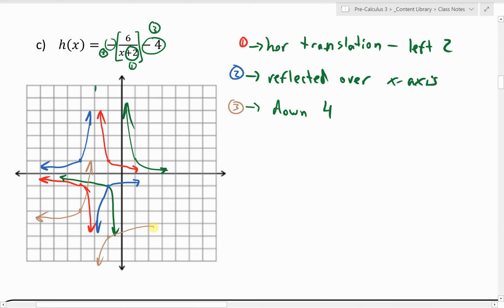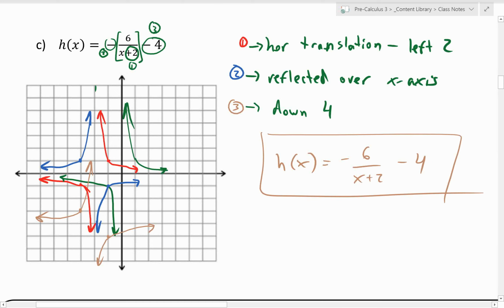Looks like that. Okay, so it's really hard to look at, but our finished function is this brown function. And what I would suggest is probably erasing this all out of here so you can see that a little bit better naturally.